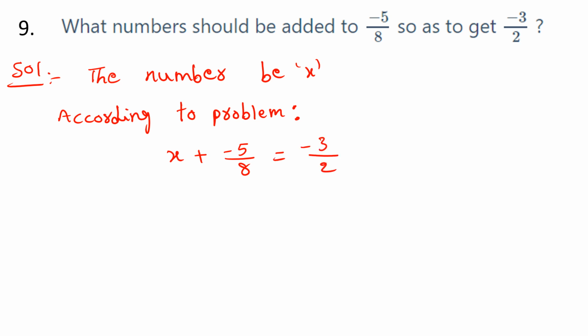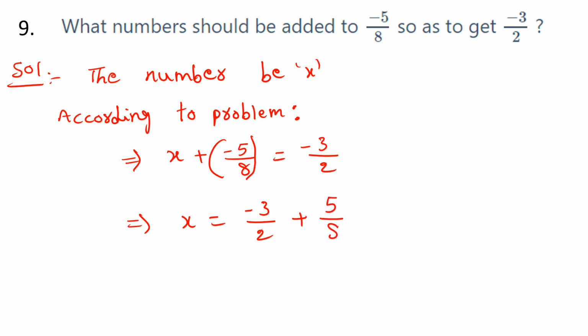So we write the equation like that: x plus of minus 5 by 8 is equal to minus 3 by 2. Which implies, if we transpose this minus 5 by 8 from this side to the RHS, x equals minus 3 by 2, and minus 5 by 8 becomes plus 5 by 8.